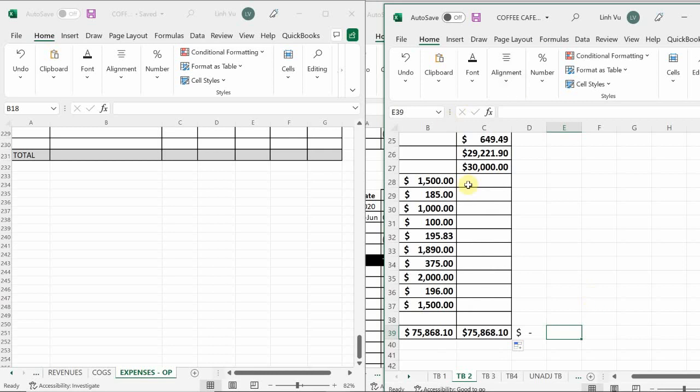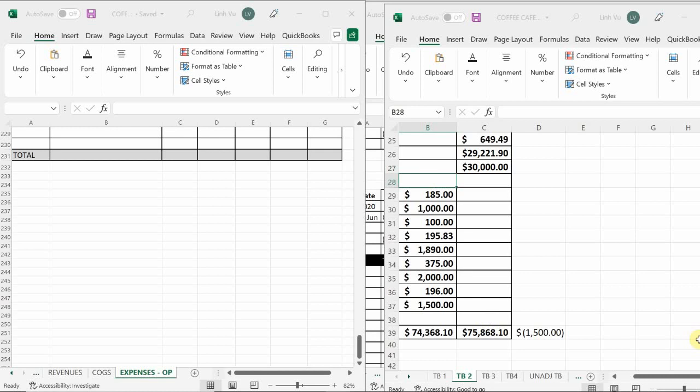So for example, if I didn't record my owner's withdrawal, it will tell me right here in my formula that I am missing $15,000. And if you look from here, you got 74,000 versus 75,000. So this one, it's clear that you're missing $1,500 in your debit side.